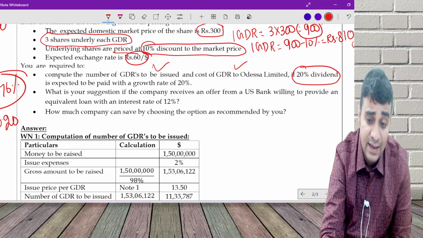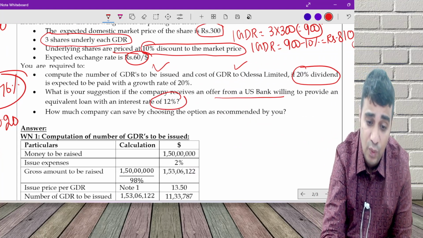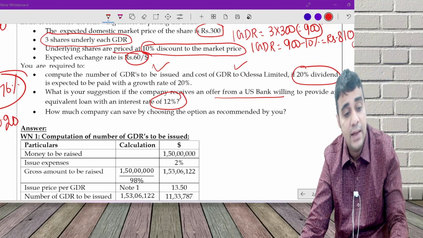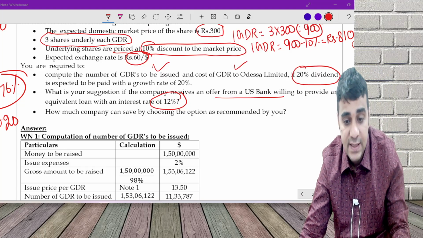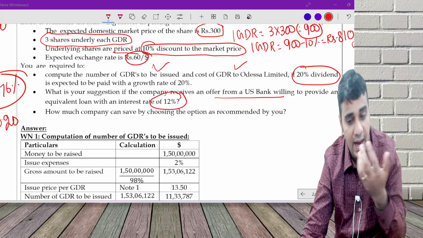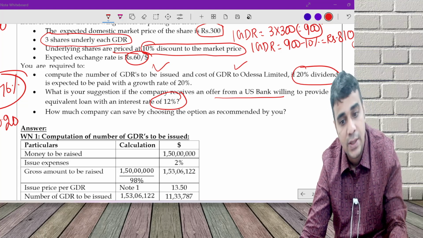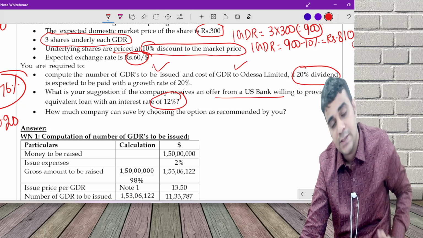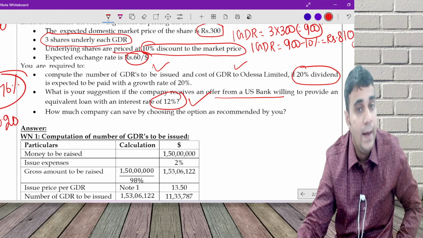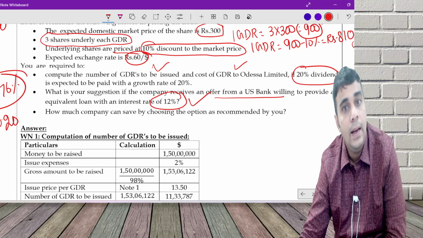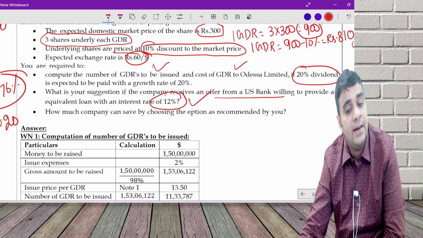If I can get a loan at 12%, I'll be very happy to take a loan. Why do I have to get into a 20.76% GDR cost? I will take a loan at the rate of 12% and save how much? 20.76 minus 12, that is 8.76% for the company. I recommend taking a loan at 12%.